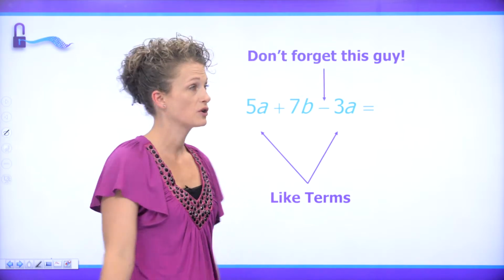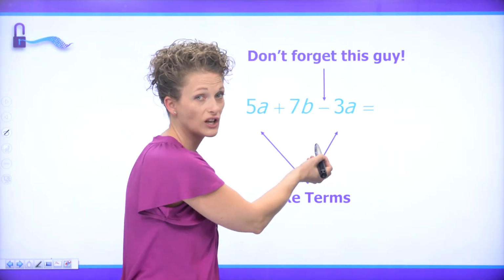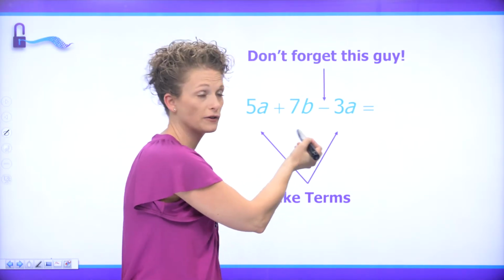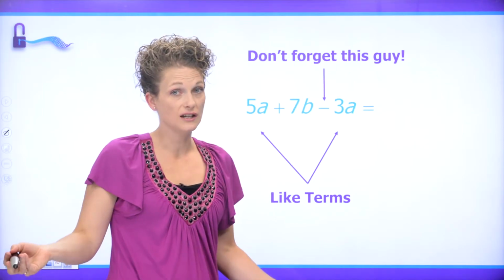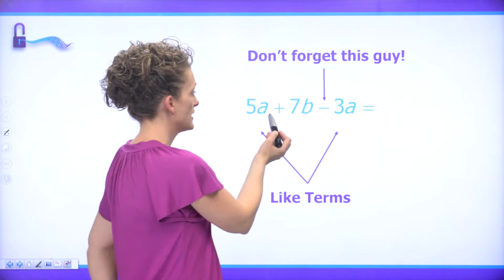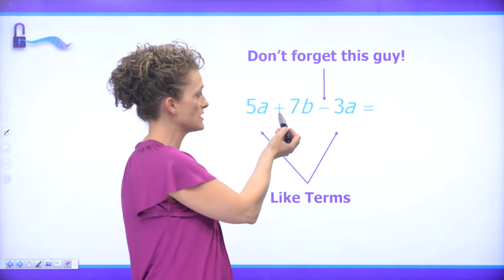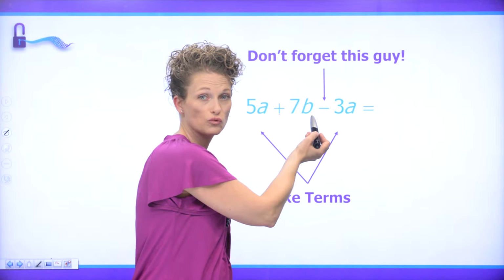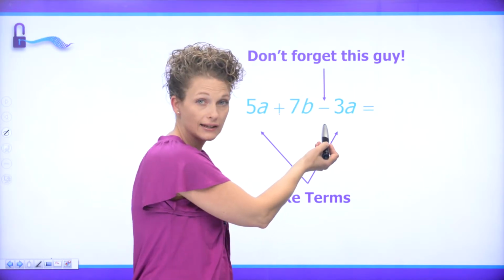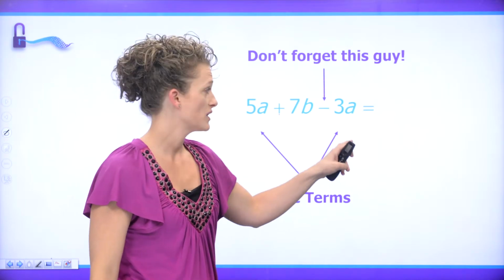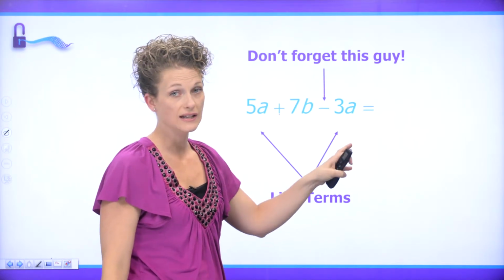The thing to remember is don't forget about the sign that is directly in front. This 5 is understood to be positive. If there's no sign there, it's always positive. Then we are adding 7, so this sign goes with the term that is directly after it, so 7b is positive. And this negative has to stay with the 3a that comes directly after it.